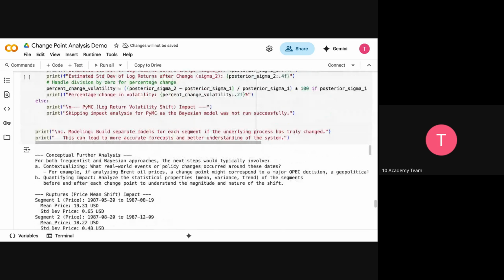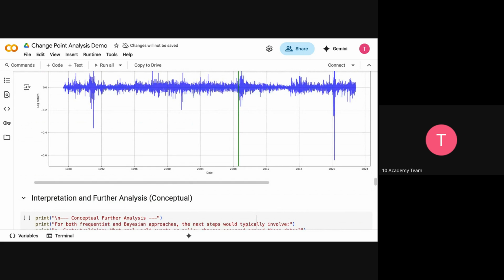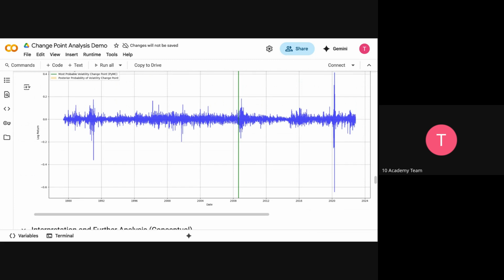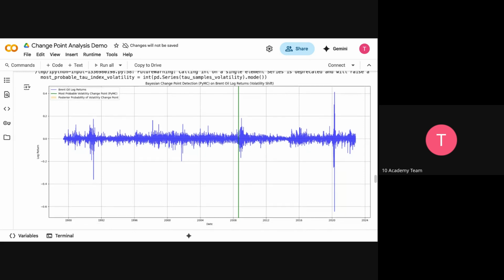The green line is the most probable change point where the model has concluded the change occurred, and it has given you the data and so on. You can take this and see what made the model detect this point to be the most probable change. But yes, it's a change point.